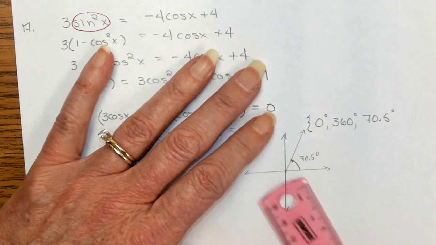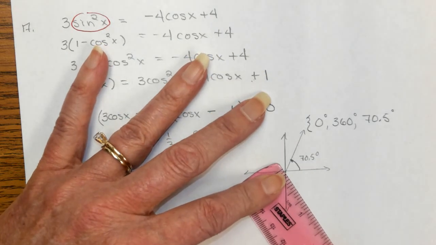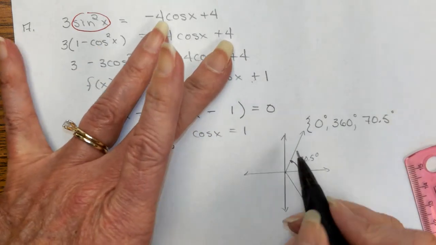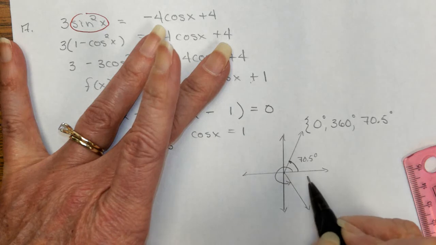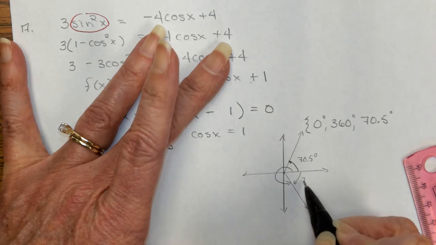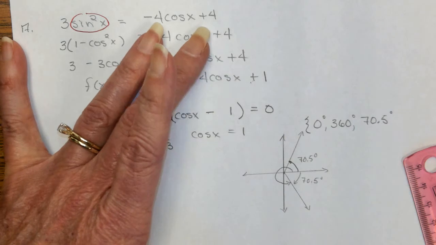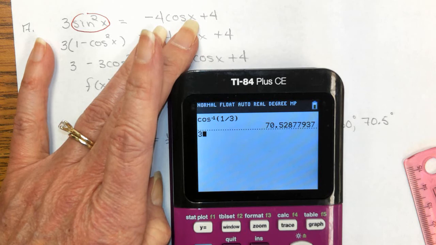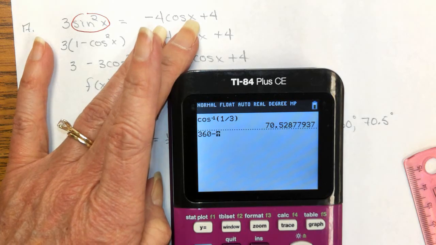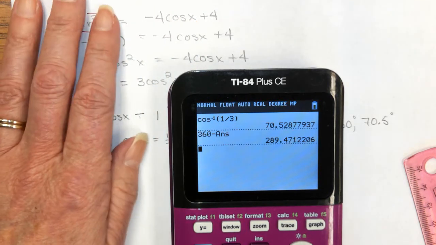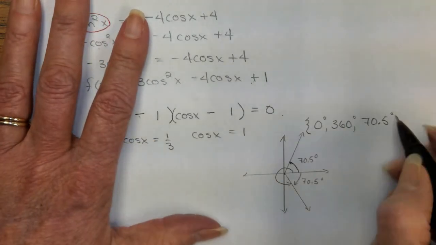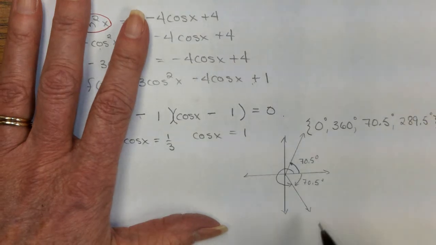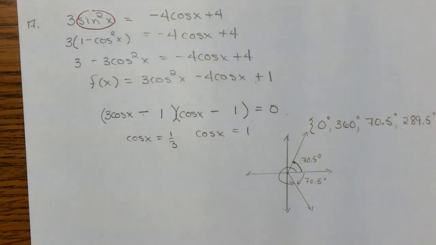We also have an angle in the 4th quadrant that's going to satisfy this equation. And it's this one right here. But guess what? Its reference angle is 70.5 degrees. So all I need to do to find this is to subtract my reference angle from 360. And it'll give me 289.5 degrees. And all we did was use the reference angle to find that.